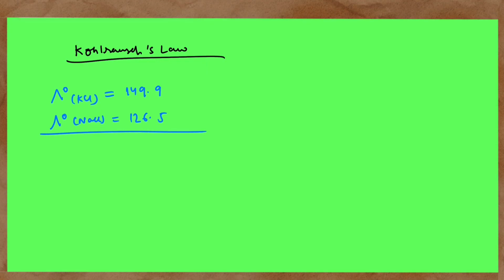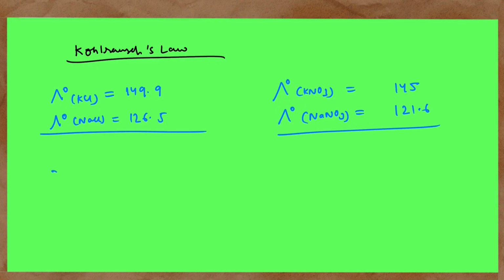Similarly, they have taken experimental data for KNO3 and for NaNO3. In case of KNO3 it is 145 and for NaNO3 it is 121.6. If I subtract both the values, we will get around 23.4, and in case of KNO3 and NaNO3, by subtracting these values I will also get 23.4.